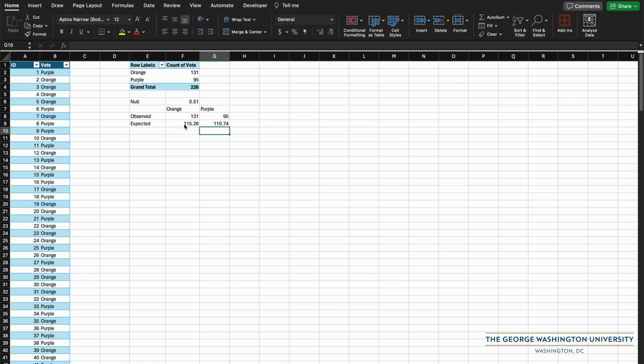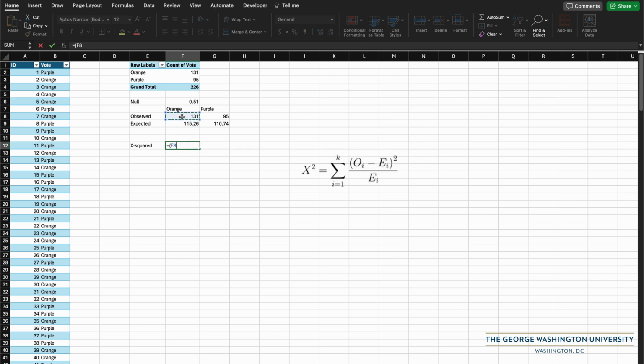Now, once again, I'll put the formula on the screen, and you can see we can work out our x squared statistic. So let's put x squared. It is going to equal, I'm going to say, open parenthesis, observed minus expected, close my parentheses, and then I'm going to hit Shift 6 so that I can put a 2 for squared. So I'm saying observed minus expected squared, divided by expected.